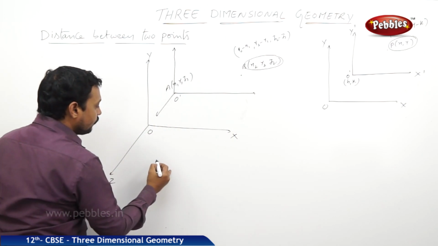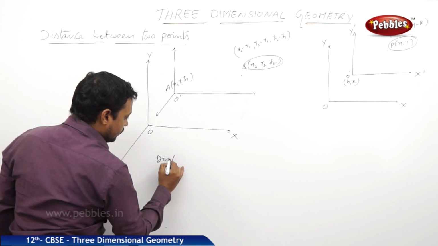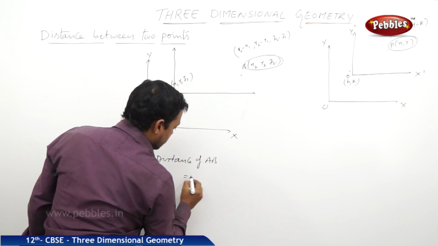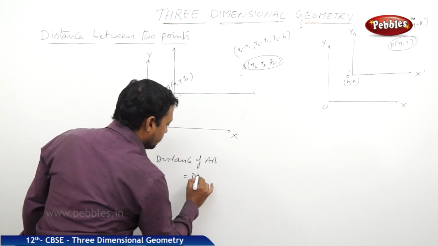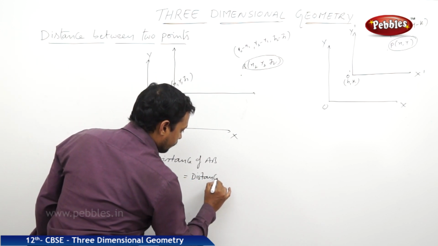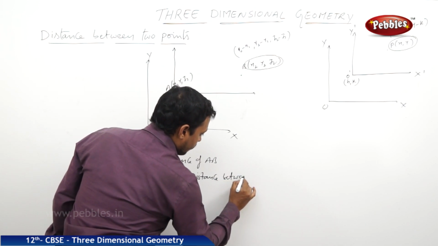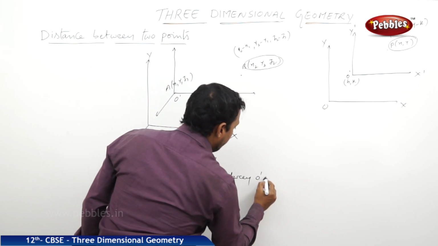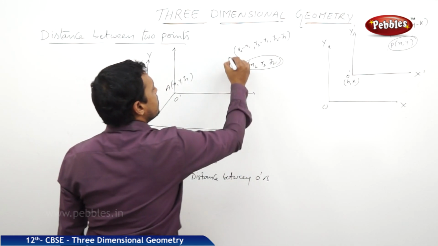Now the distance AB is equal to the distance between O dash and B dash.